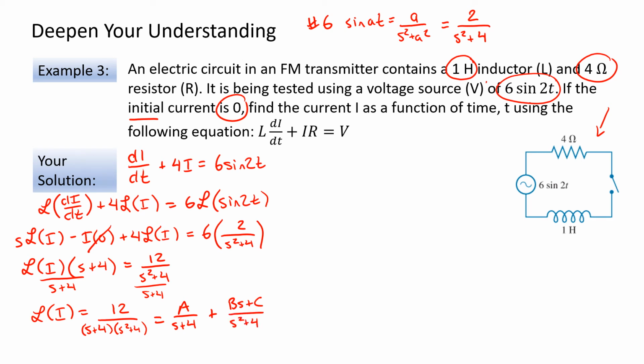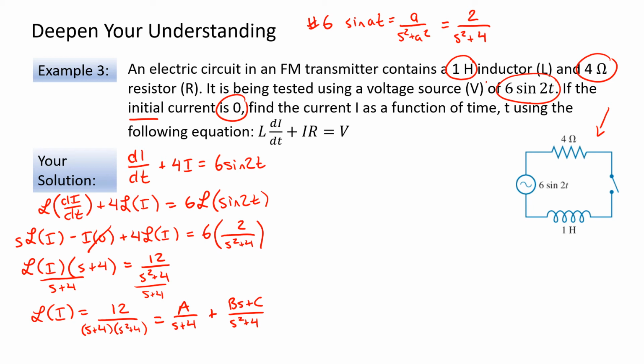Remember, when you had those quadratic functions, you had to make sure you had a function of s in the numerator. In some instances, one of those terms, B or C, may very well be 0. But because we're looking at a basic form to solve with partial fractions, we have to keep that in there.